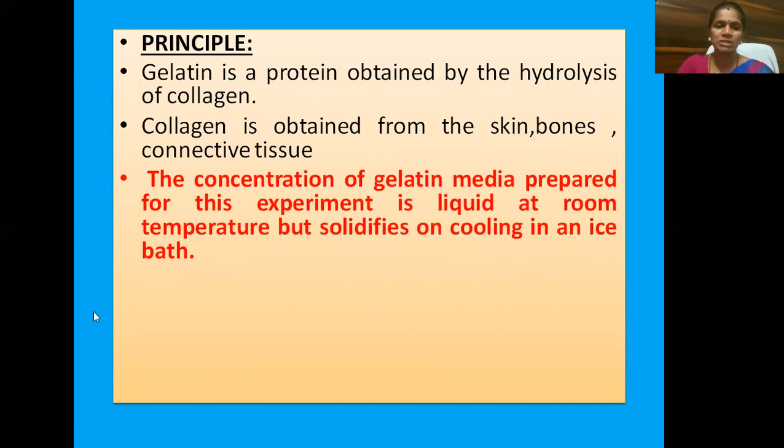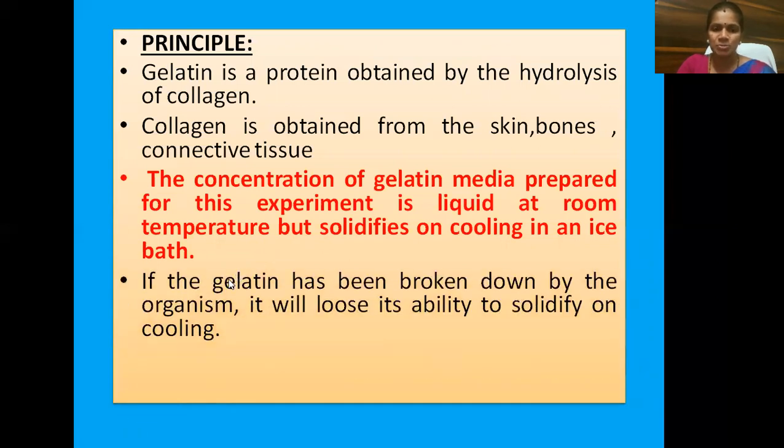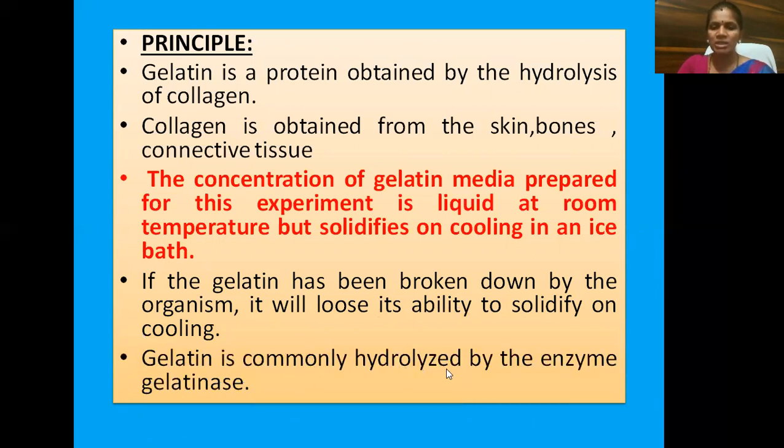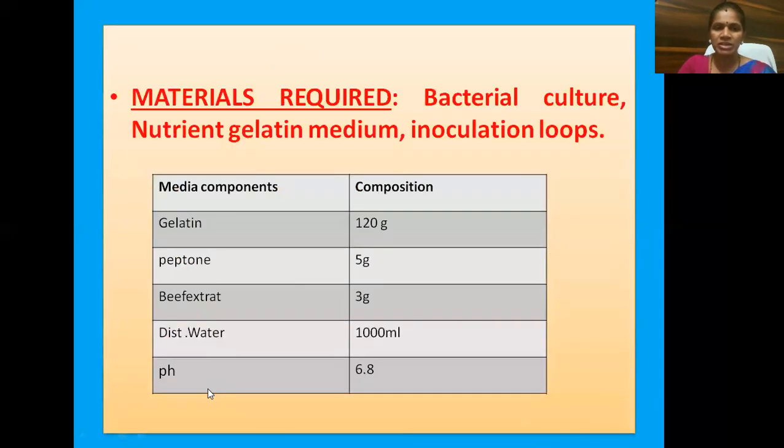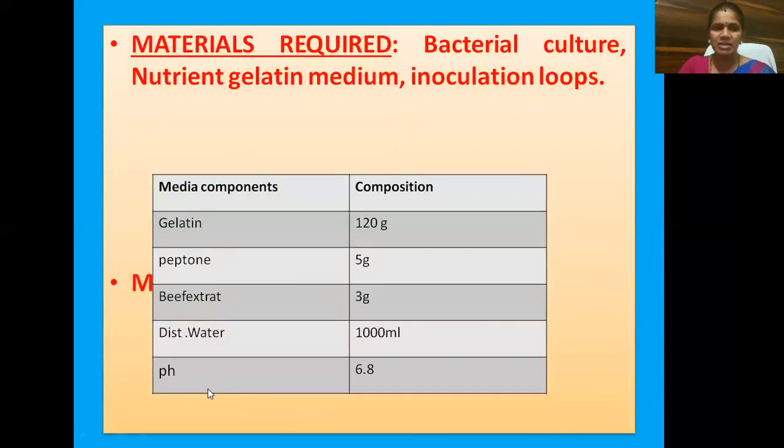So you are going to observe and record the result by keeping the test tubes in the ice bath, an ice cube bath. If the gelatin has been broken down by the organism, it will lose its ability to solidify on cooling. Then you will be able to differentiate whether it is gelatin positive or negative. Gelatin is commonly hydrolyzed by the enzyme gelatinase.